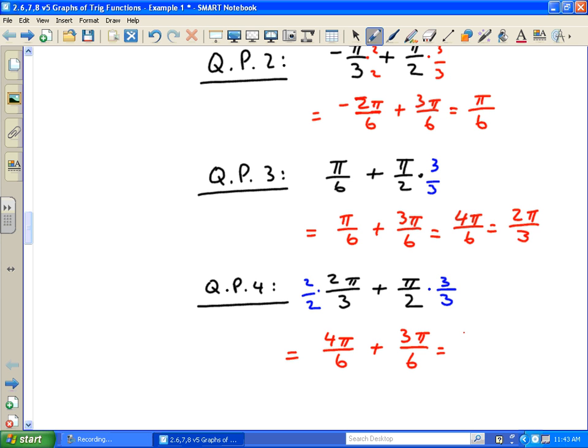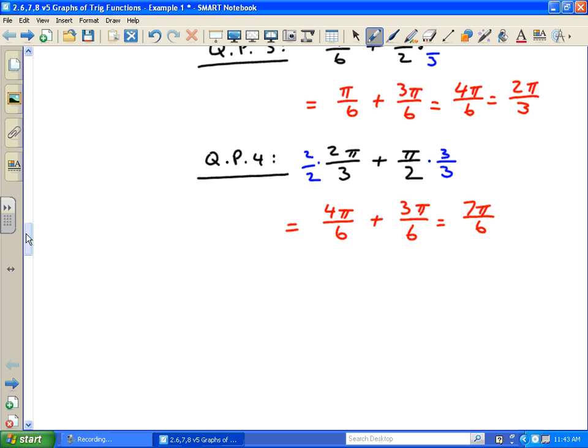That will reduce to 12 pi over 6, which is 2 pi. Okay, I'm sorry, that's not right. I multiplied. Let me go back and correct that. Okay, last I checked, 4 pi over 6 plus 3 pi over 6 was 7 pi over 6. There we go. That's my 4th quarter point.